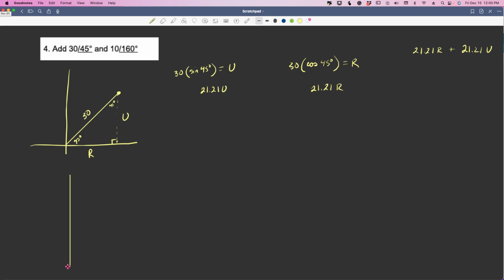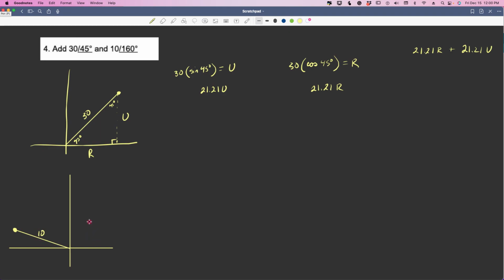So we know that it's going to be over here because 160 is more than 90 but less than 180. So it's going to be at about the 20 degree off the line mark because, let's see if we can get about 20 degrees, it'll be about right here is where it's going to be. So that's our vector, and this is 10.